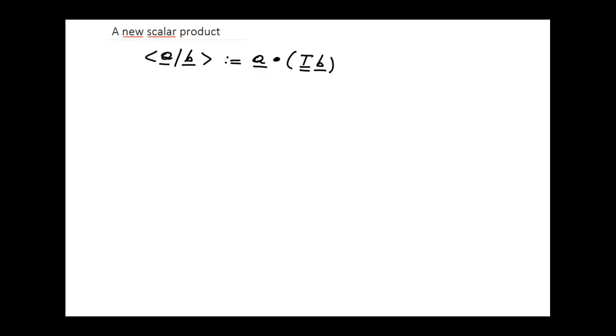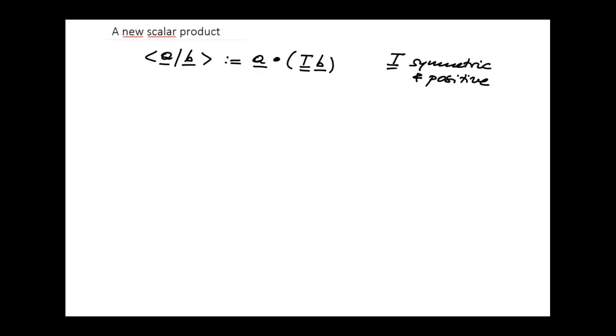And in this way, I introduce a new object, which I have yet to show is a scalar product. It has the mathematical properties of a scalar product. Recall that we said that T is symmetric and positive.